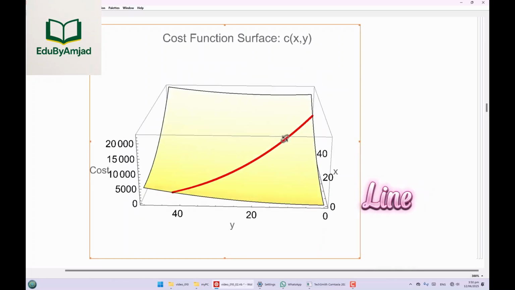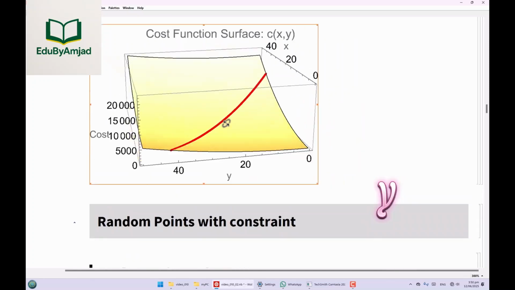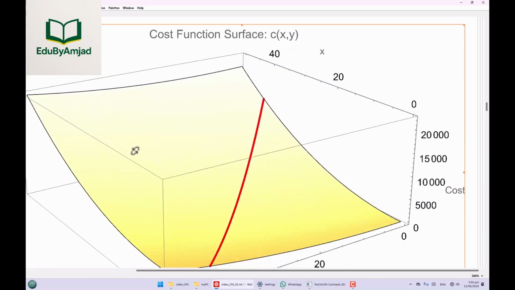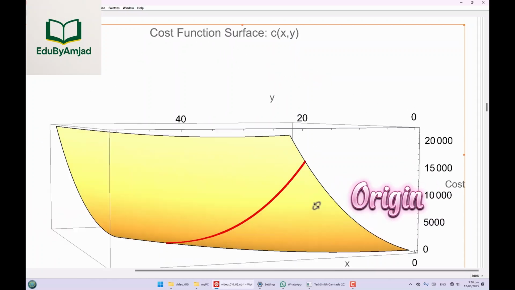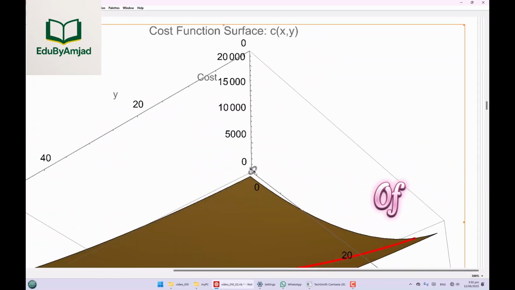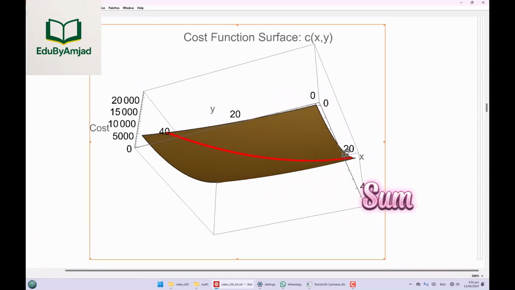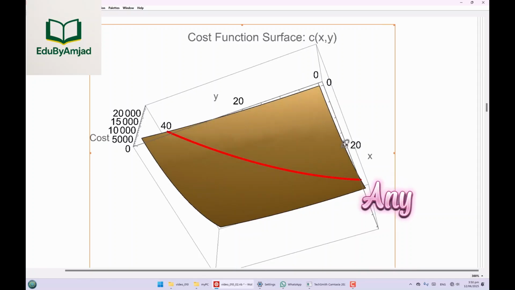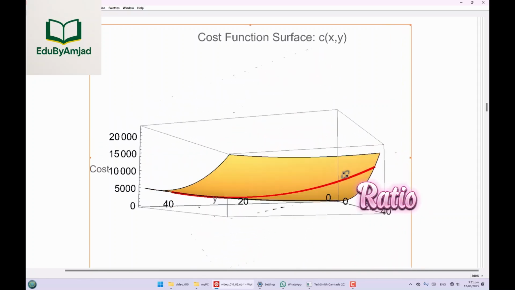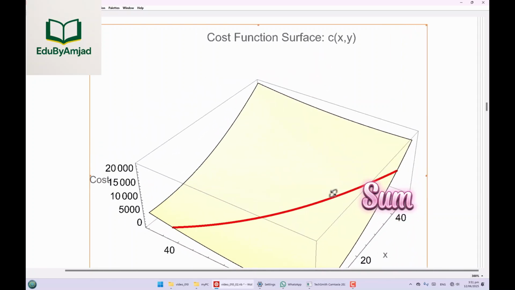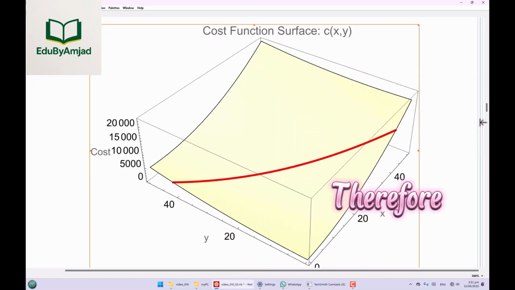Any point on this line gives us a ratio of x and y that adds up to 42. Any point below this line towards the origin gives a ratio with a sum less than 42. Any point above this line gives a ratio with a sum more than 42. Therefore, for our best ratio, we must remain on this line and find a point where cost is minimized.